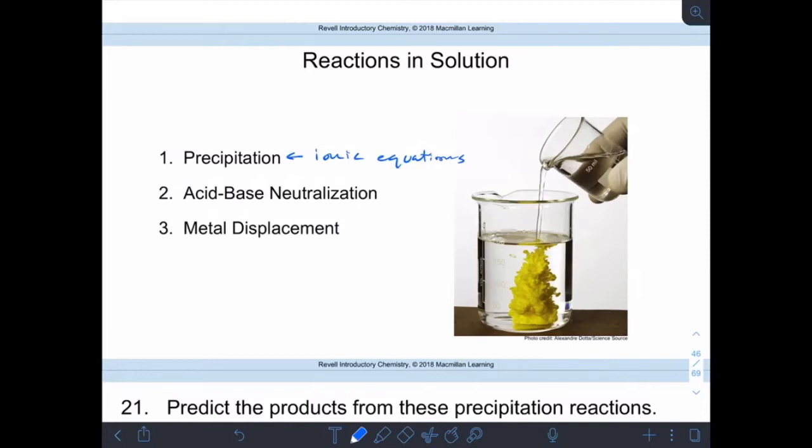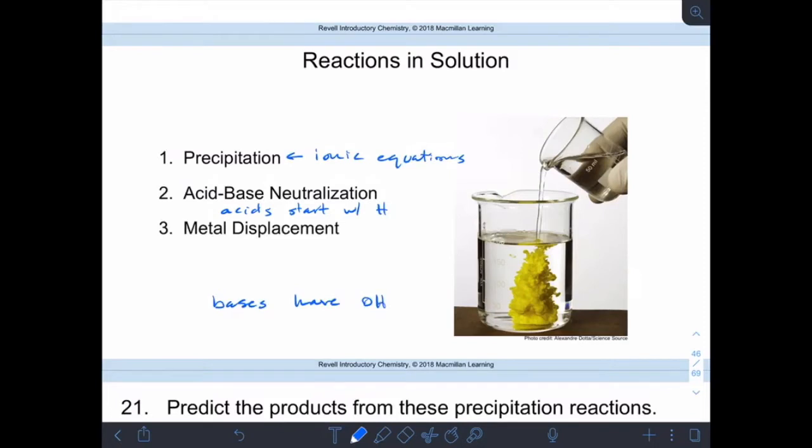Acid-base neutralizations, right? Remembering that acids start with H, right? And bases, I'm going to do this down here, and bases have an OH generally.